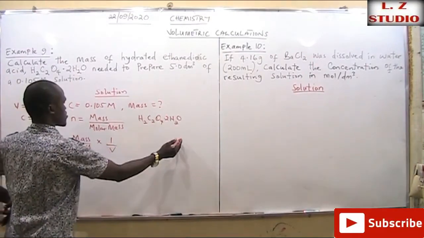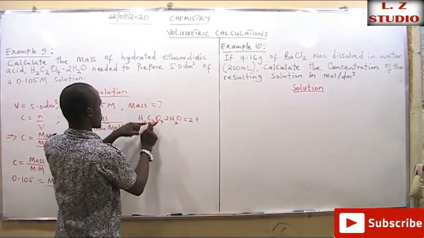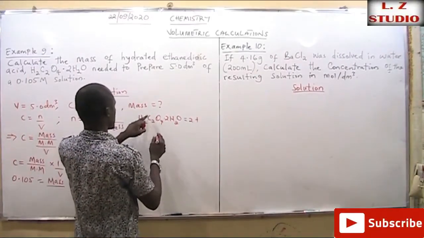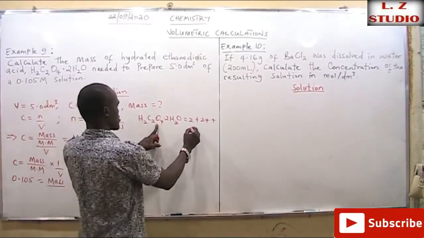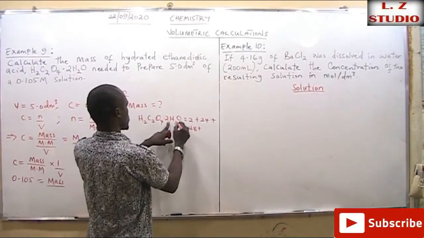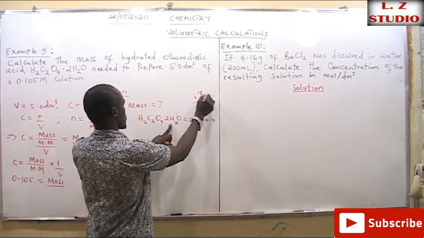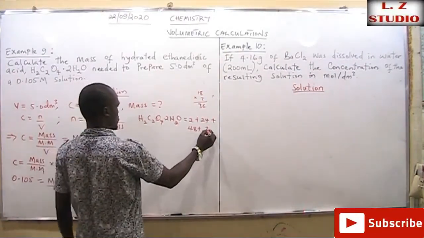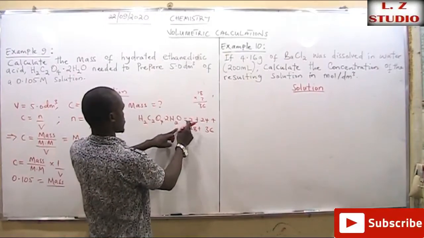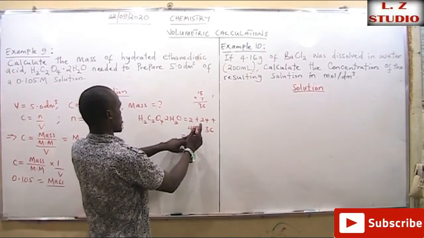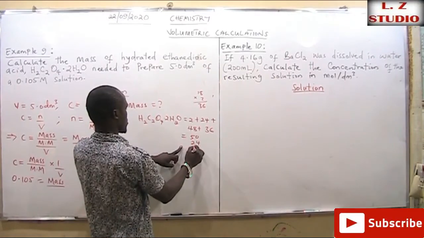H2C2O4.2H2O, we calculate it. We say that this is equals to 2 plus carbon is 12, 2 times 12, that is 24, plus 4 times 16, that is 64, plus 2 times 18, that is 36.